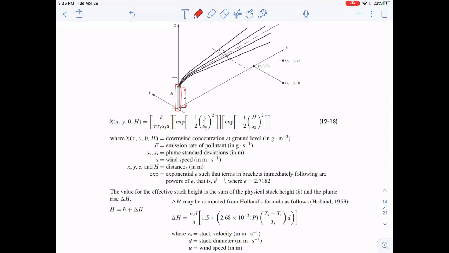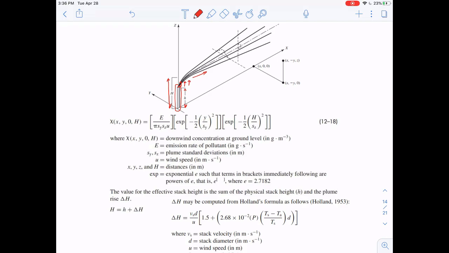It has a certain height, which is h. People also define an effective height, which considers the vertical movement of the air initially when it is emitted from the stack, because there is always a flow velocity of the air. After this effective height, we can think of the transport of the pollutant just along the direction of the wind, which is the x direction.